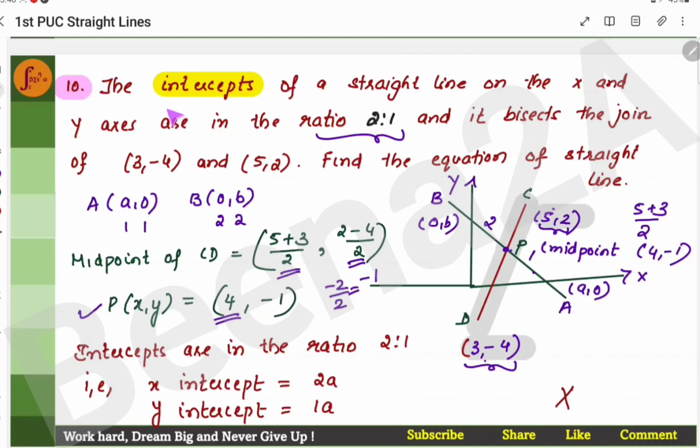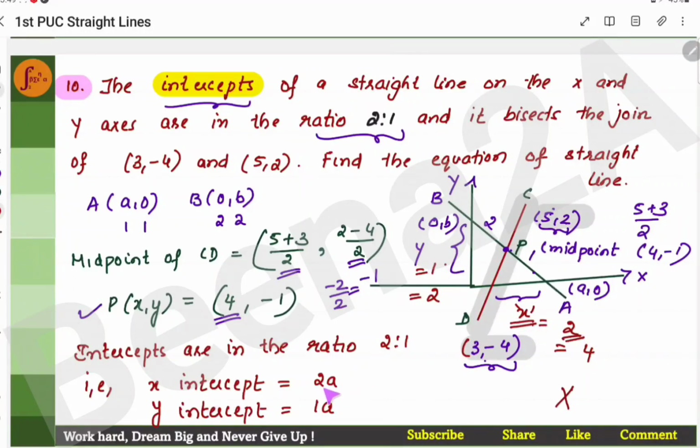The ratio of the intercepts is 2:1, this is the y-intercept, this is the x-intercept. So if the x-intercept is 2, then the y-intercept will be 1. If the x-intercept is 4, then the y-intercept will be 2. The x-intercept is 2 times the y-intercept.